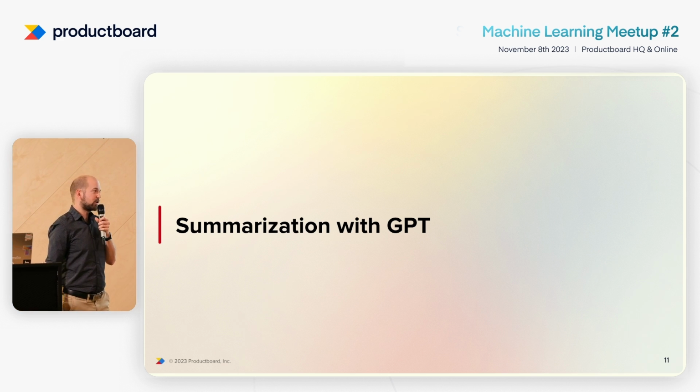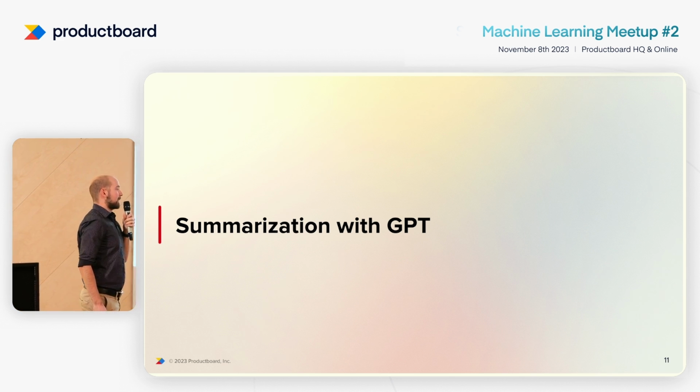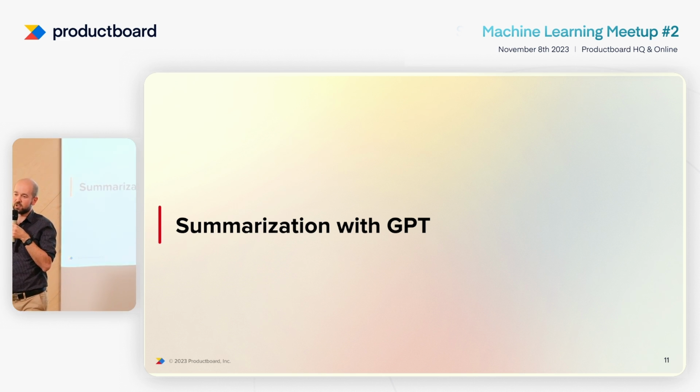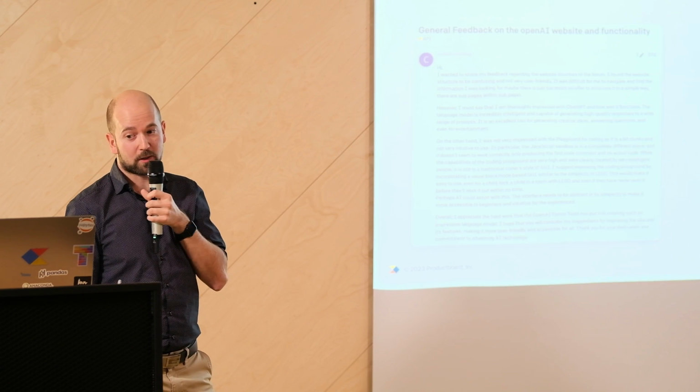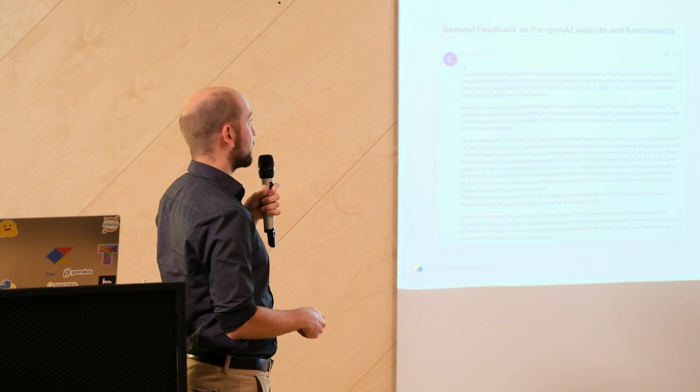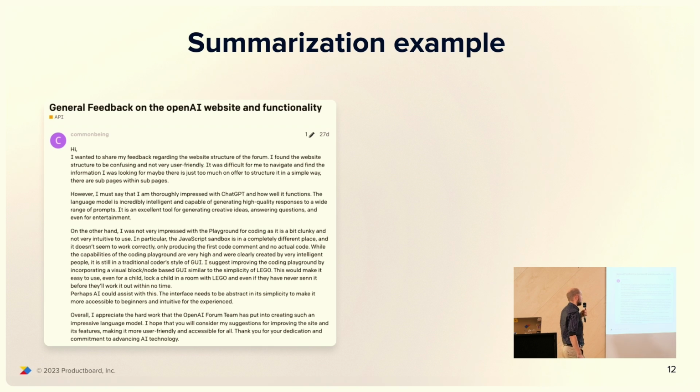Now with the summarization, I would like to tell you basically how we are using GPT for summarization and for other tasks in Productboard. I want to show it on an example. This is a feedback document from the OpenAI community forum. Someone is having a problem with the OpenAI website.